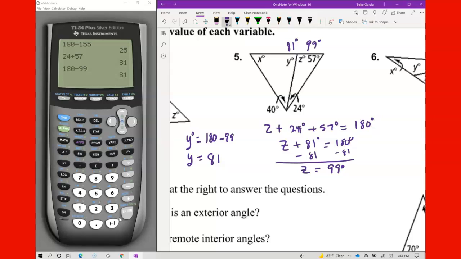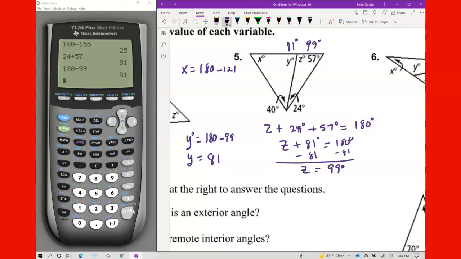So we have 81. So to find x, the measurement of angle x, we have 40. Let me take that back. I'm going to erase that. Remember that the sum of the 3 angles is 180. And then we're going to add 81 and 40, which gives you 121.